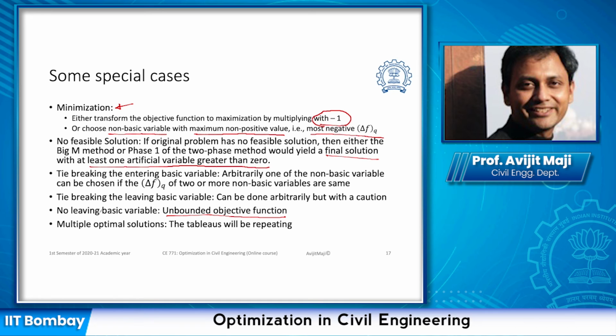Then another condition could be a problem which has multiple optimal solutions. In this case, we'll find that the tableau is repeating itself over the process. And if we see so, then we can clearly say that we have reached a solution which has multiple optimal solutions. So let us look into some of the basic examples.